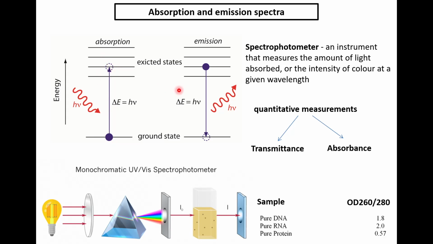Now ideally, after some time the electron should come back to the ground state by radiating the equal amount of energy that was used for the absorption. That is the ideal case, but that is not always true.